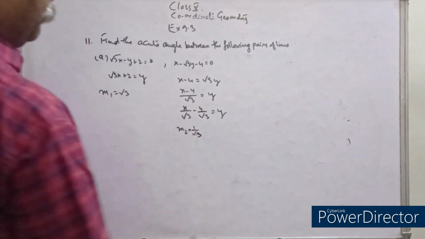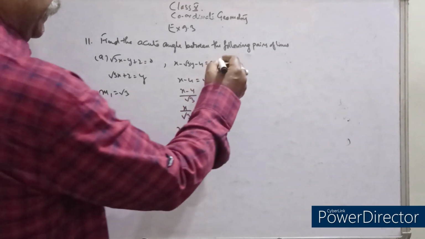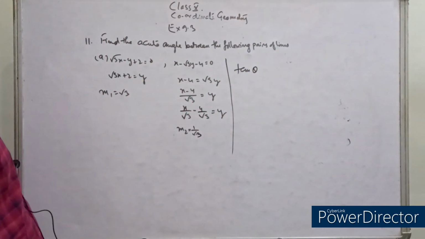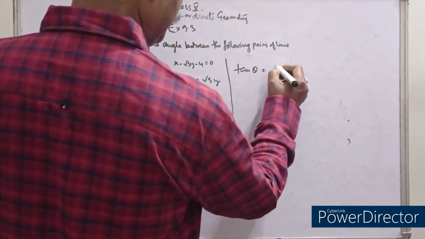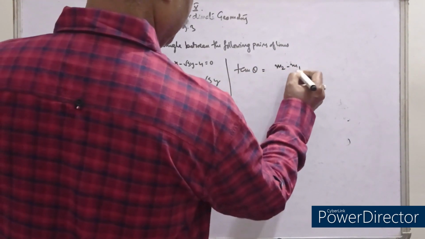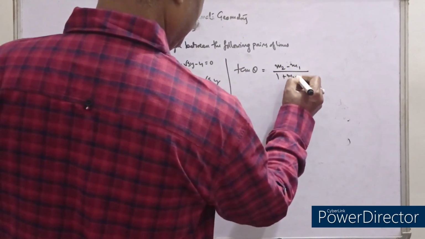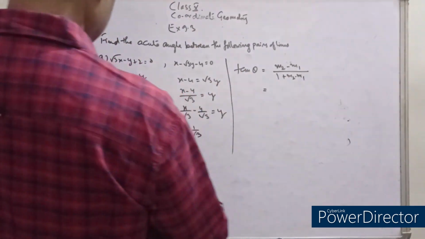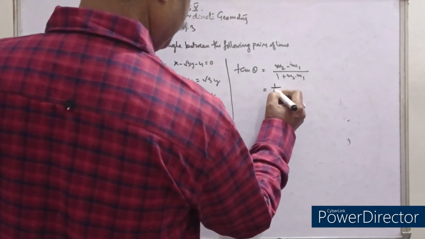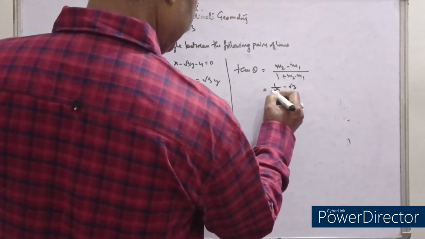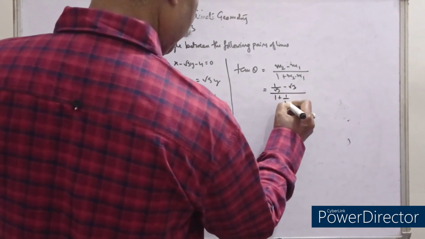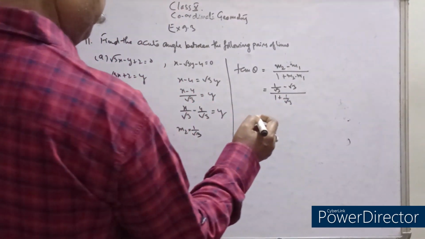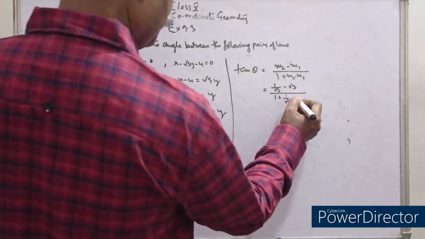Now I am going to use the formula for tan theta. First of all, I will take the positive value, that is (m2 minus m1) by (1 plus m2 into m1). So here it will be m2, that is 1 by root 3, minus root 3, divided by 1 plus 1 by root 3 into root 3.